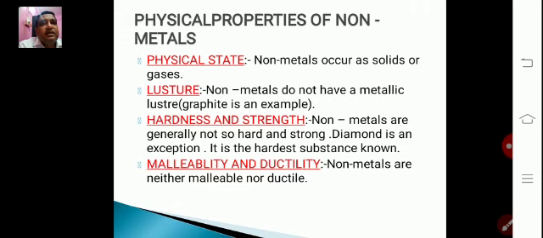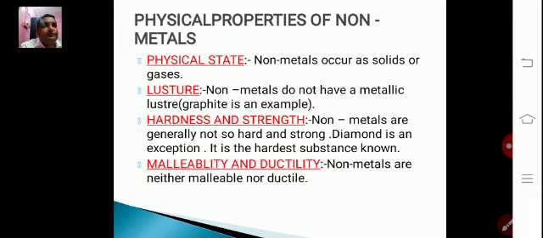The property due to which non-metals break on hammering is called brittleness. Like a pencil, the lead is made up of carbon, and if we beat it with a hammer, it will break into pieces.